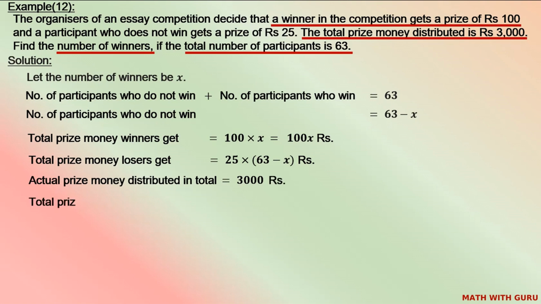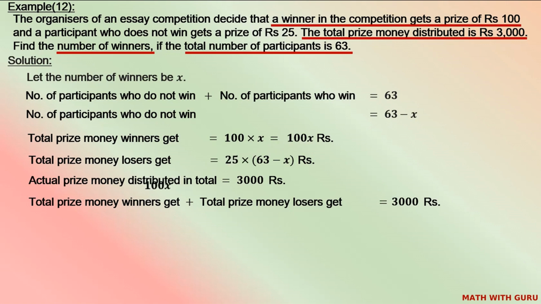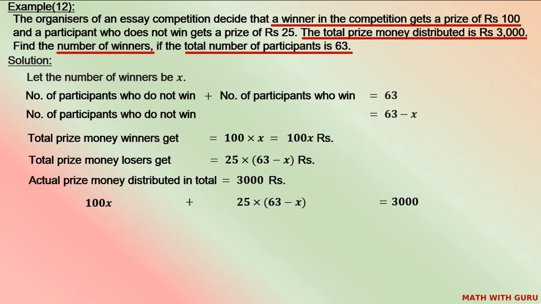Now, total prize money winners get plus total prize money losers get equals 3000 rupees. That is 100x plus 25 into 63 minus x equals 3000.